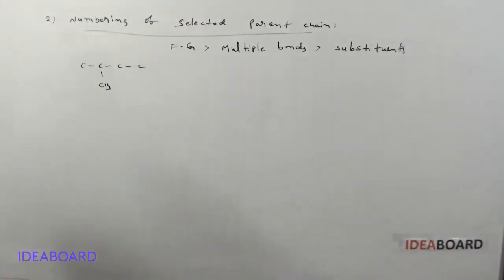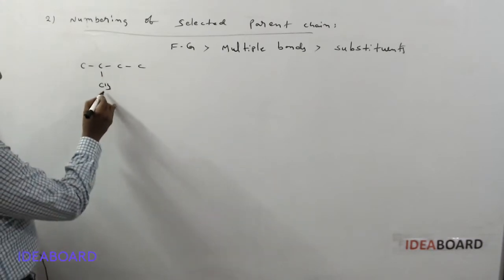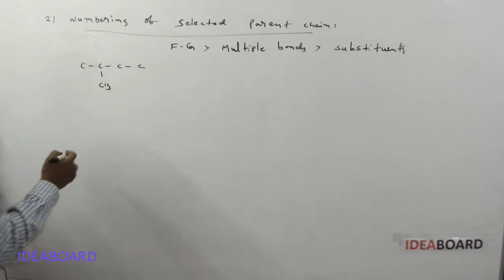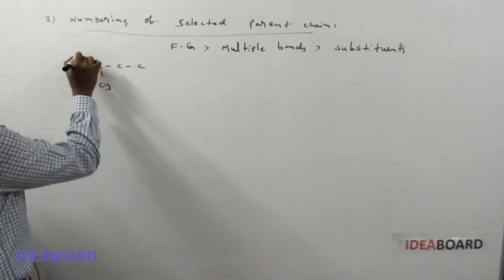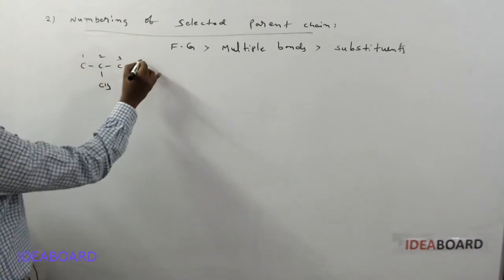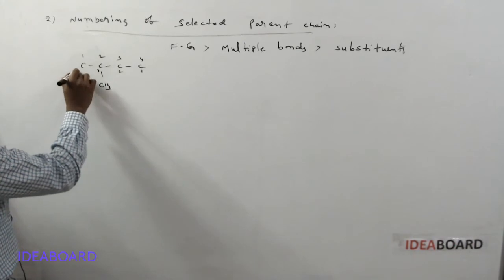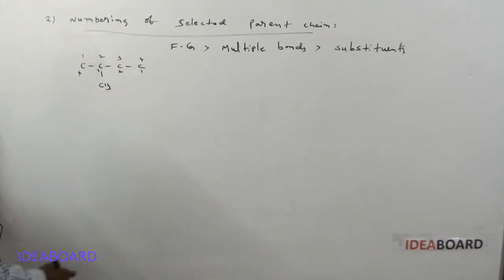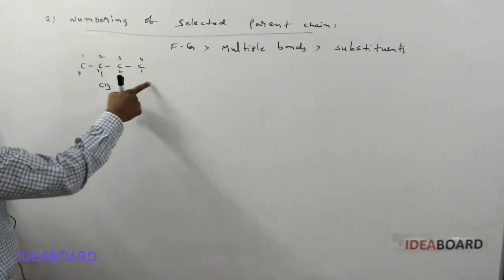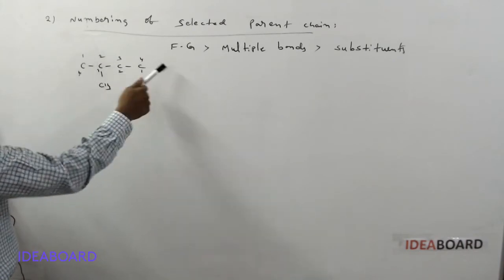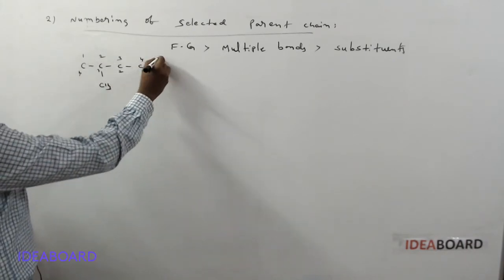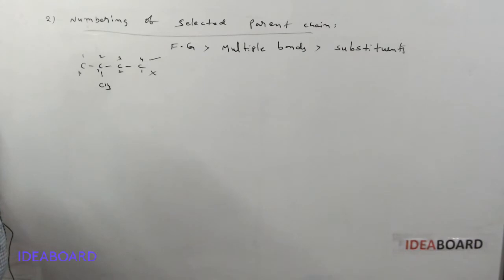Okay. And in this carbon chain, the methyl group is the substituent. So here I am giving numbering from this side 1, 2, 3, 4, and I am also giving numbering from this side 1, 2, 3, 4. Which is the correct numbering? Here the methyl group from this side gets 3 and from this side it gets 2. So the lowest number is correct and this is wrong.